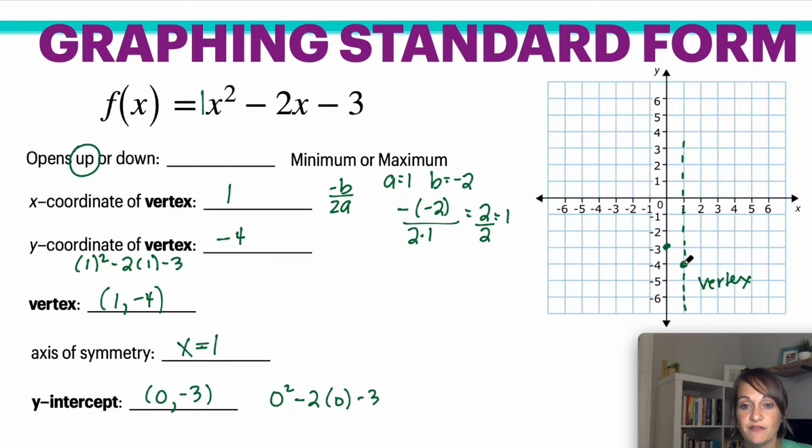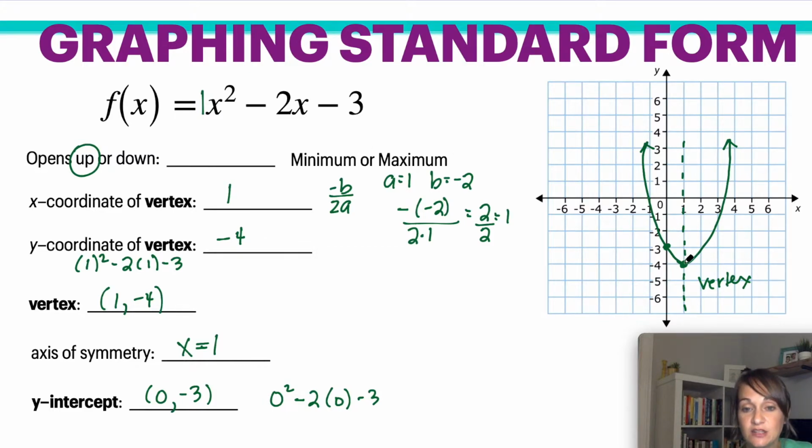So if we were to graph this, we know that it's going to go up like that. And because it mirrors itself on the axis of symmetry, on the other side, it is going to look something similar to that. And that will be our graph of this standard form. Now I want to go back to maximum and minimum.